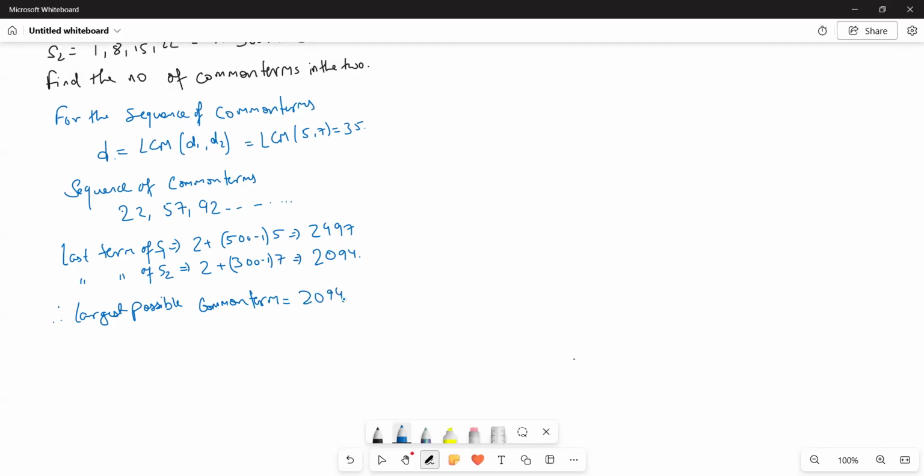It's not like saying that it will be a common term, but we are speculating that this would be the maximum possible. If it exists, it will be the largest, otherwise it will be smaller. So in that case, we find the nth term of this. So A plus n minus 1 D is 2094. That will give us n minus 1 as 2072 by 35.